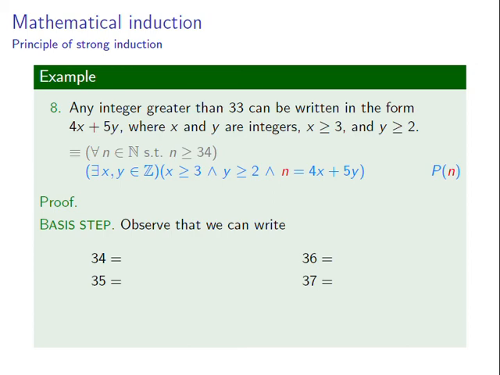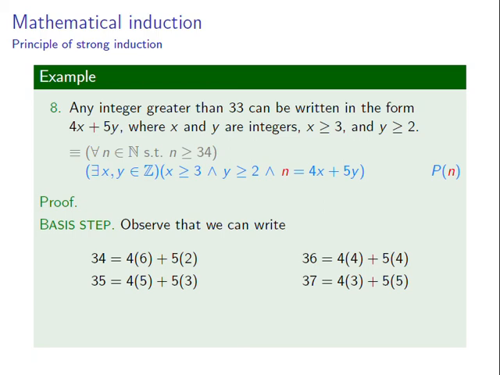Observe that 34 is equal to 4 times 6 plus 5 times 2. 35 is equal to 4 times 5 plus 5 times 3. 36 is equal to 4 times 4 plus 5 times 4. And 37 is equal to 4 times 3 plus 5 times 5.